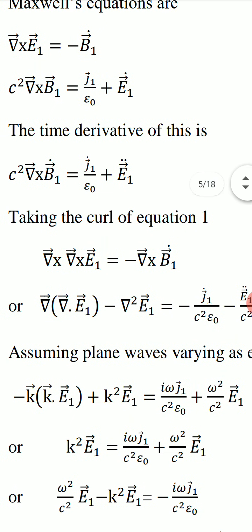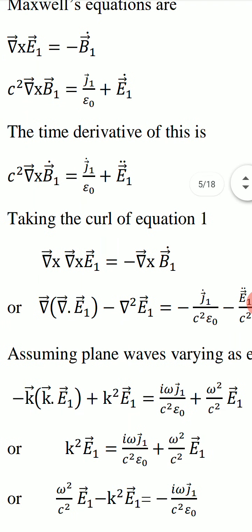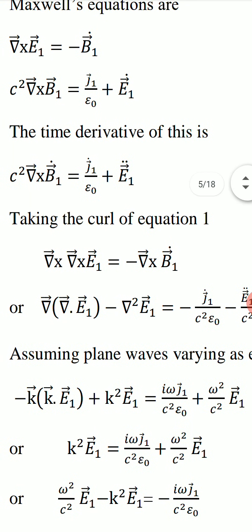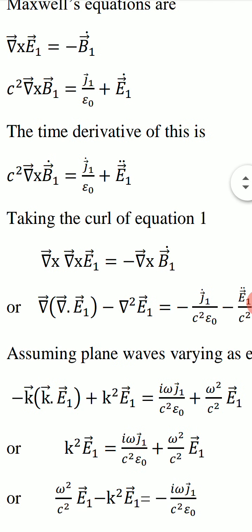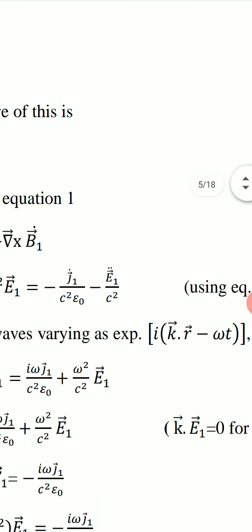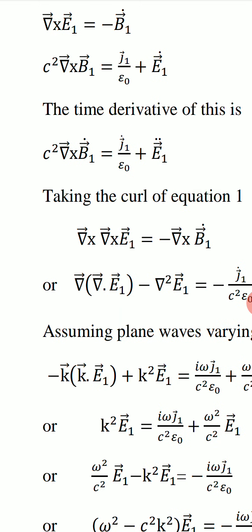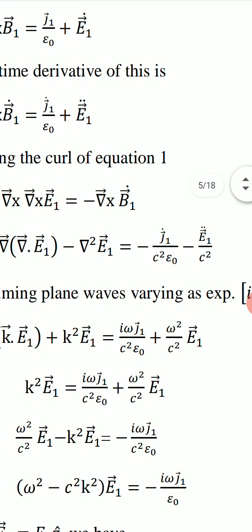And the right-hand side is minus del cross B1 dot. Put the value of del cross B1 from equation 3, which gives C square del cross B1 equal to J1 over epsilon 0 plus E1 dot. So del cross B1 can be obtained by dividing by C square, and the minus sign is also there.